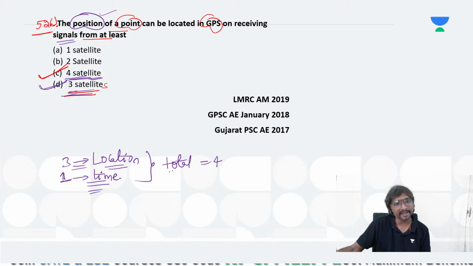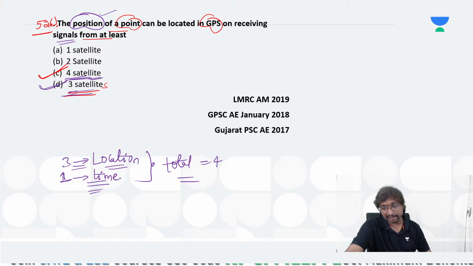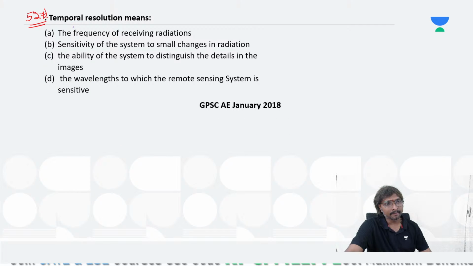So in total, at least 4 are required. You can get this answer as 3 only if just the position is given. But if time and position, the complete details of the point, are given, then you take it as 4.